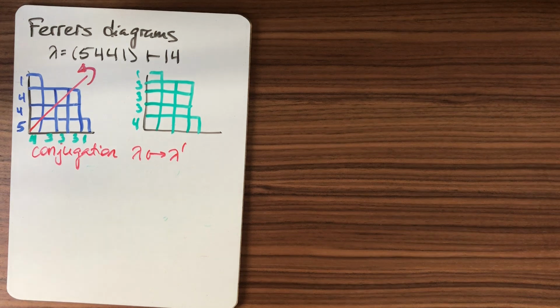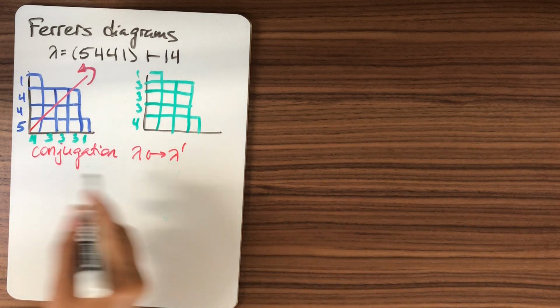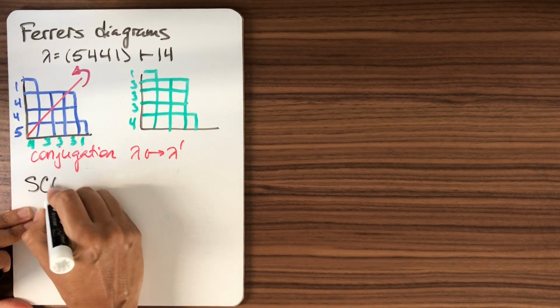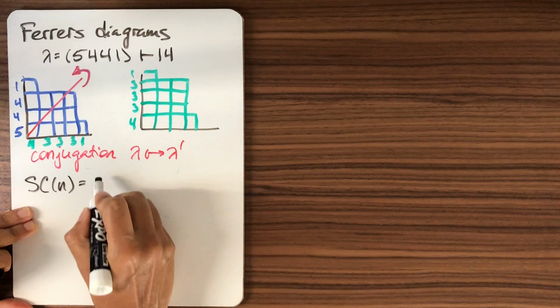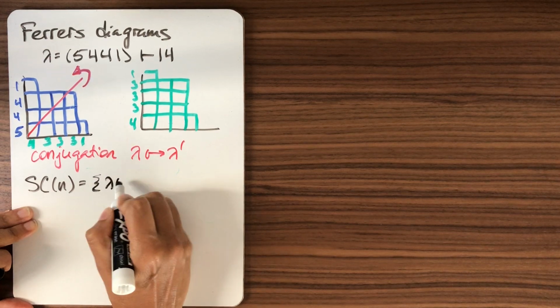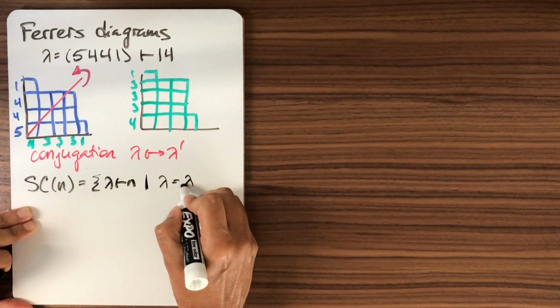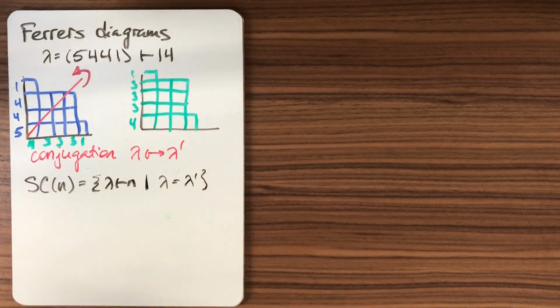So this act of conjugation is really interesting, and it gives us lots of different ways to think about partitions. One natural question that comes up is, how many fixed points does this involution have? So we can let SC of n equal the set of partitions of n such that lambda is equal to lambda prime. We can look at the partitions and ask ourselves, how many are there?